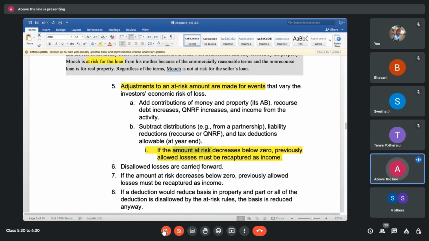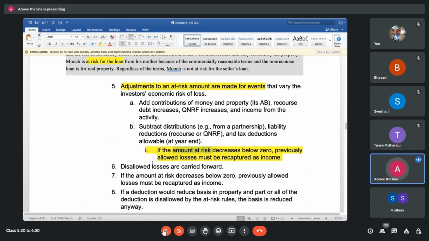If last year our taxpayer has claimed $50,000 losses because the planning was not done properly, or his amount at risk or basis got decreased, can you imagine that last year's $50,000 will come this year as a taxable income? It's not even an income, but it may have a very detrimental effect on the tax return.